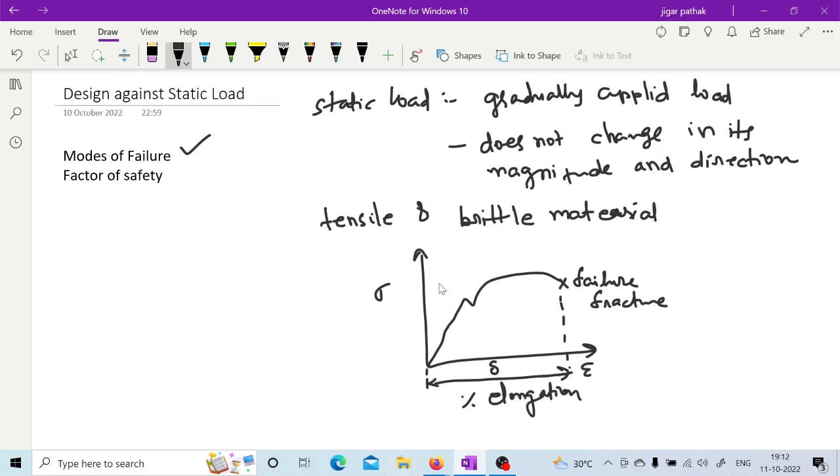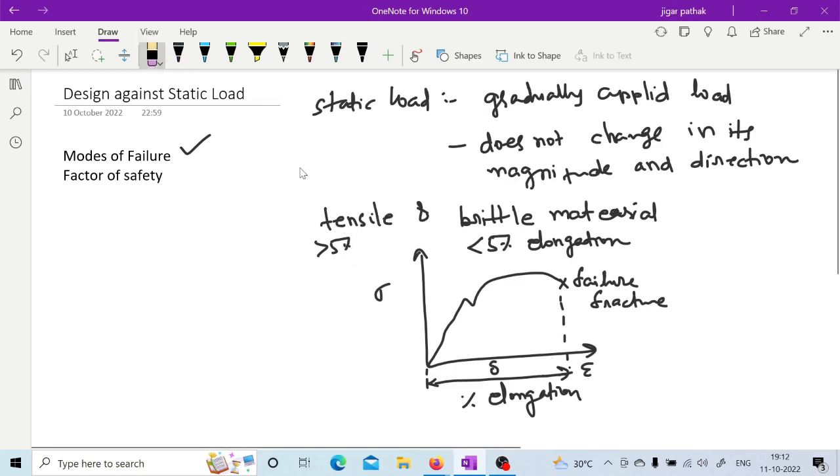So how we differentiate ductile and brittle material is, if a material has less than 5% percentage elongation, then it can be termed as brittle material, and if it is greater than 5%, then it can be termed as ductile material, sorry, I said tensile earlier, it is ductile and brittle material.